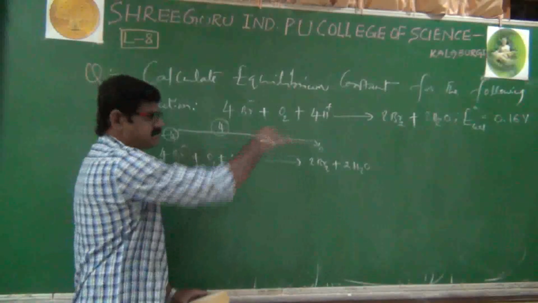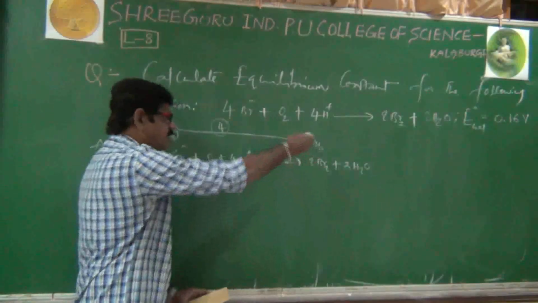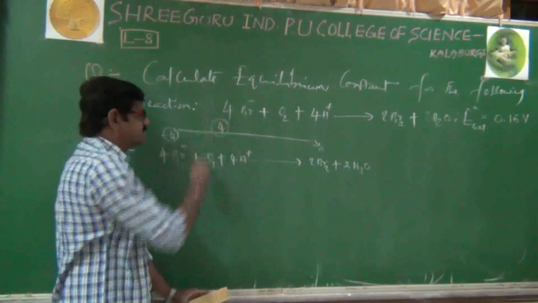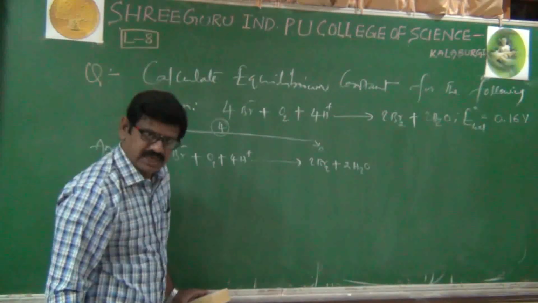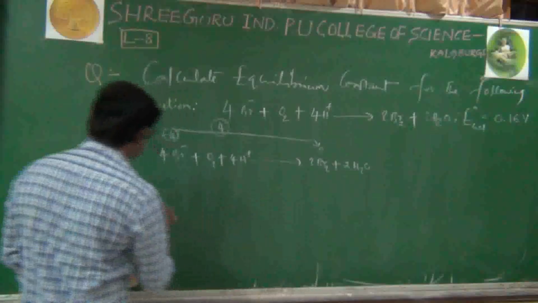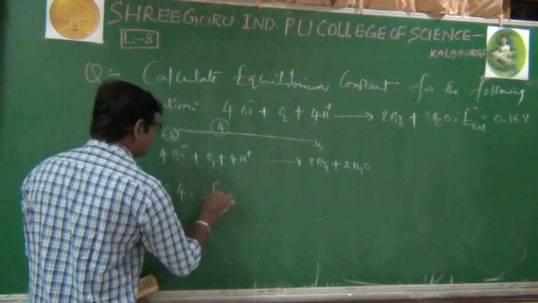Of course it is oxidation and reduction; here oxygens are undergoing reduction. If 4 electrons are involved in oxidation, definitely 4 electrons will be involved in reduction also. Therefore n value is 4. We'll write here n is equal to 4, and the E naught value is already given in the question.